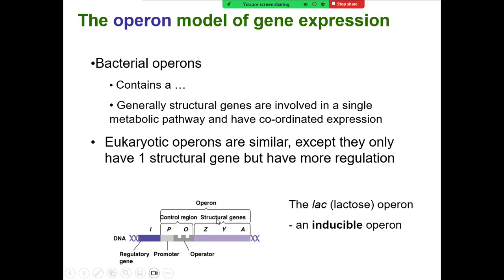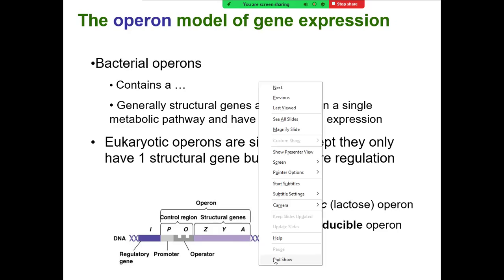The other will be the gene Y, and then the third will be gene A. There is one other thing where eukaryote cells differ from prokaryote cells, and that is they have more regulation than a prokaryote cell has. We're only going to talk about the regulation of prokaryotes, but they do have more regulation.